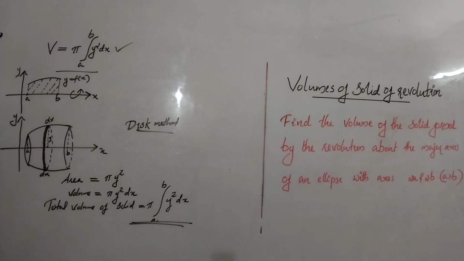Pi into integral A to B y square dx. And this method is called the disc method.